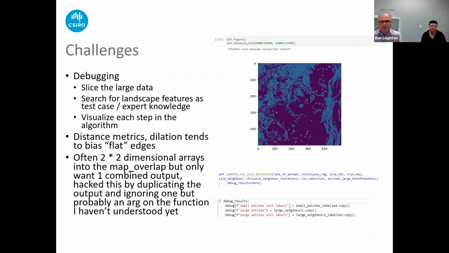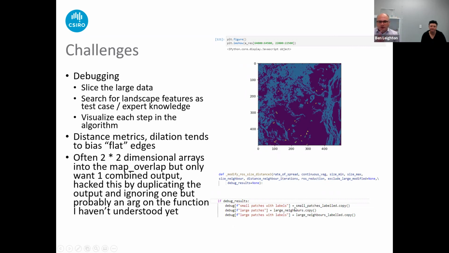So we also did quite a bit of visualization. You can see down here, this is some of our code where, during development, we had code in place which would actually dump out to a passed in dictionary various steps in the image processing pipeline.